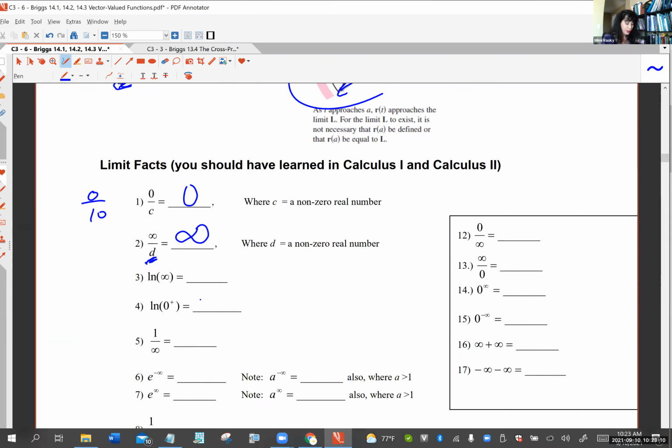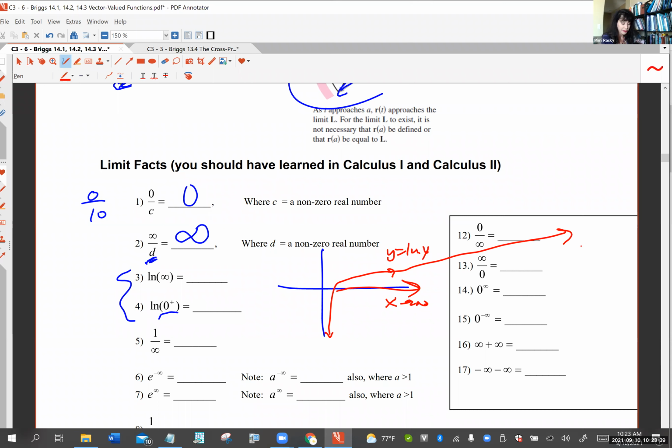Now let's do a couple of logarithm limits that you should already kind of have in your back pocket, okay? ln of infinity and ln of 0 coming in from the right. If you forgot either of these, you can always rederive them in the following way. Simply graph y equals ln of x, and then look at what happens when x tends to infinity, or x gets really, really large. What is this graph doing?